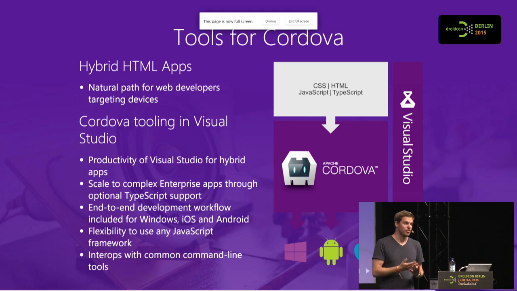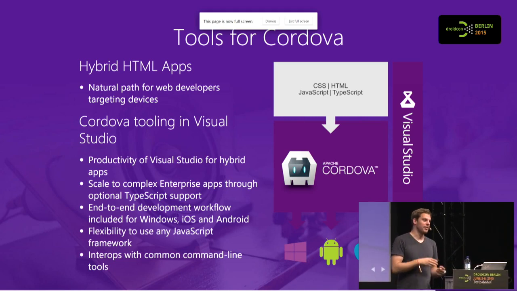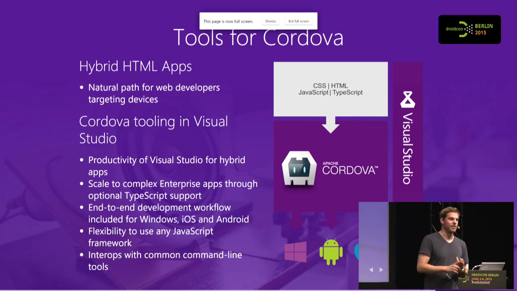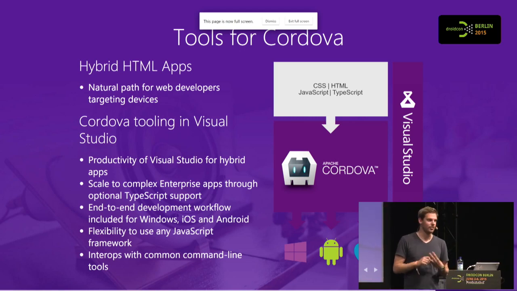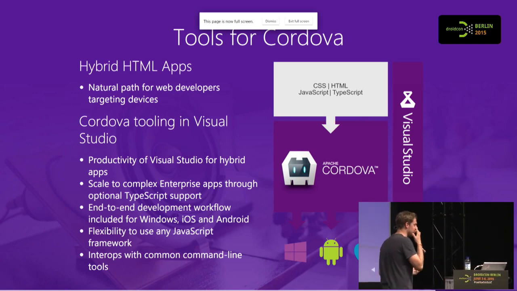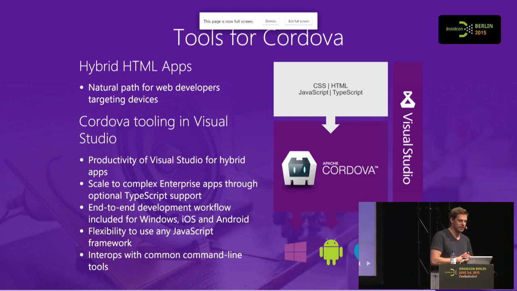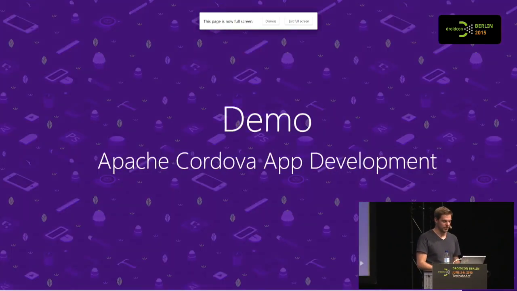And the other thing we could dramatically improve is just make sure that your interop with the more modern web frameworks works well. So we now have direct support for Angular, we have direct support for Bootstrap, React, pretty much you name it. It's all in there. And then the very last piece is that we have some pretty UIs around some of the more arcane configuration options inside Apache Cordova. And that, again, is one of the things I want to show you guys.